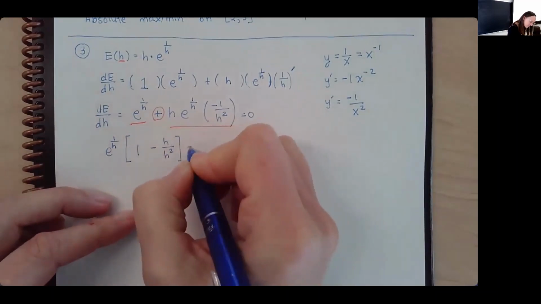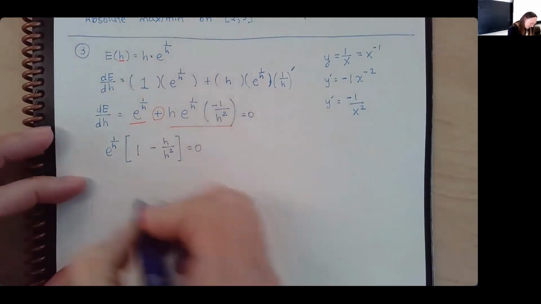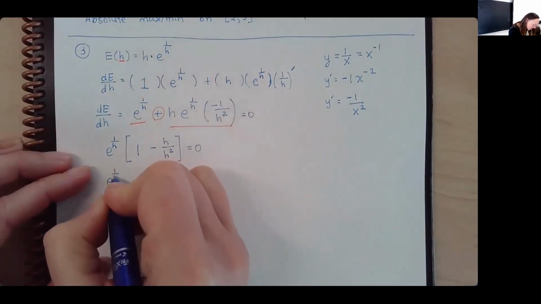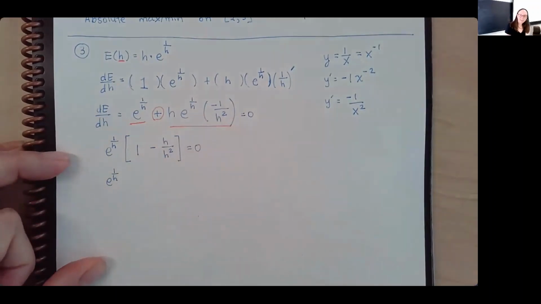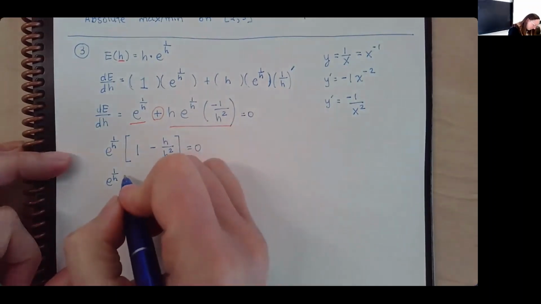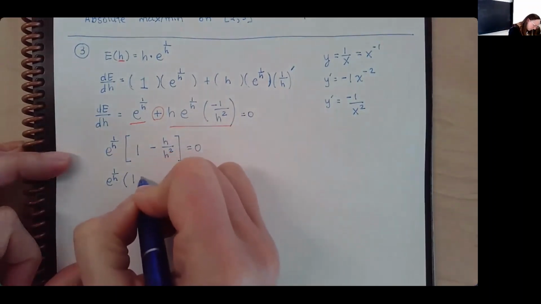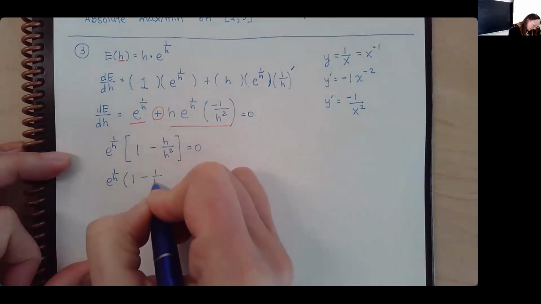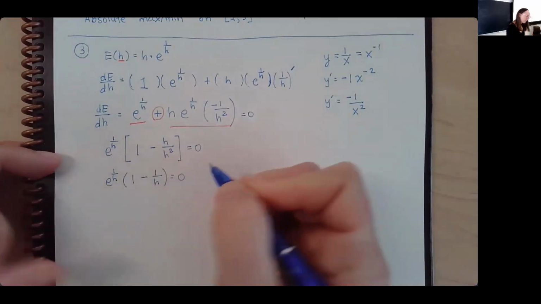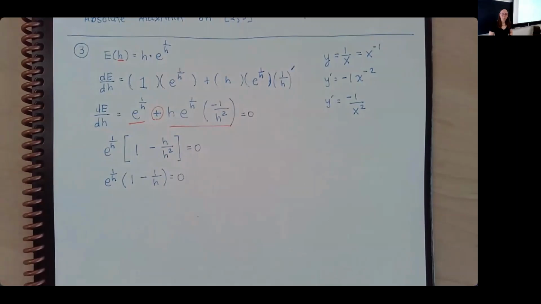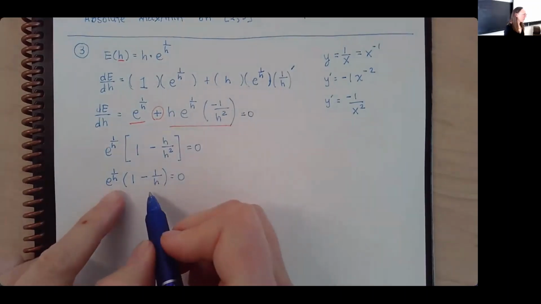And one of those h's would cancel out. So I'd have e to the 1 over h, and then 1 minus 1 over h. We're all neatly factored at this point. So I'm ready to set each of my factors equal to 0.